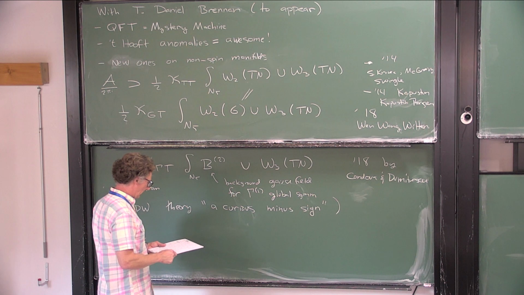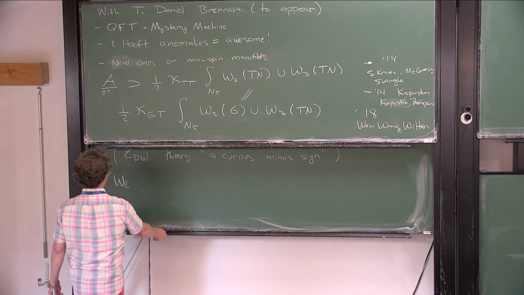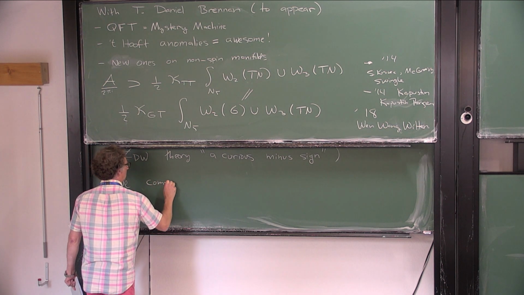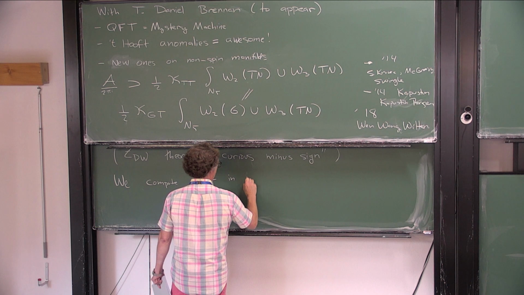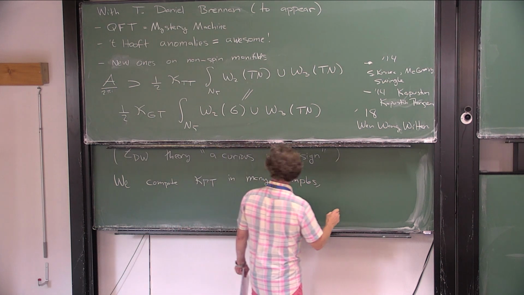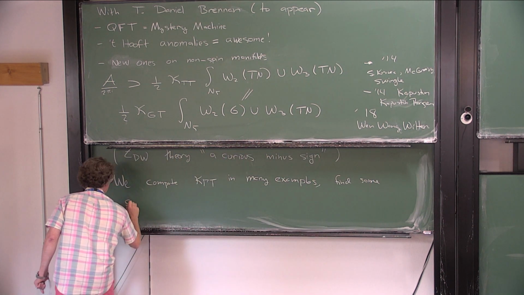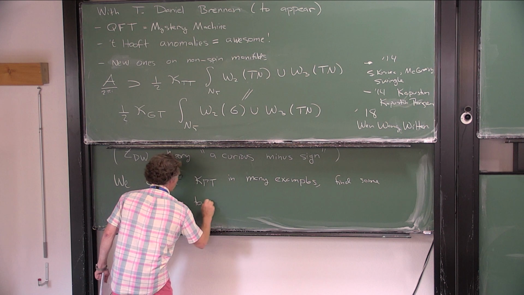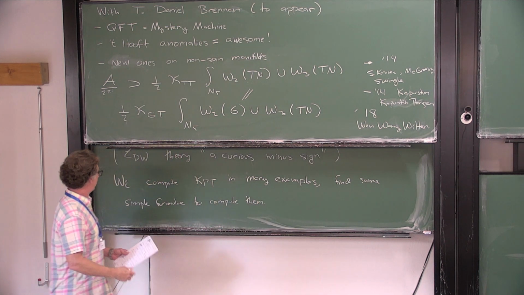Okay, so what do we do? Basically, what we do is we compute these kinds of anomalies like kappa gamma t in many examples, and find some simple formula to compute them.